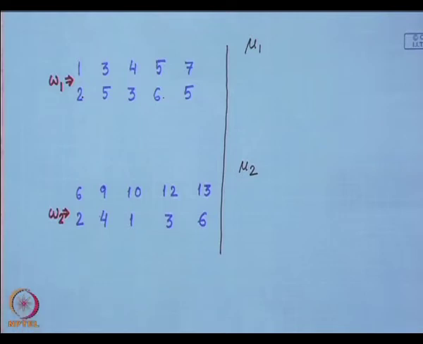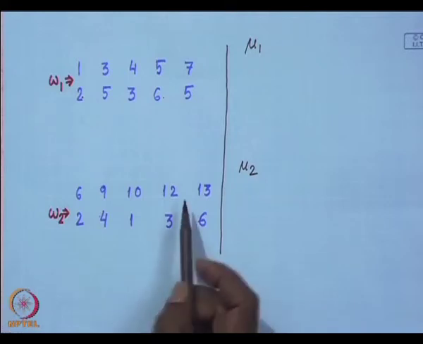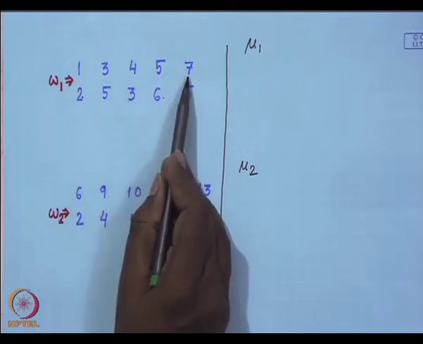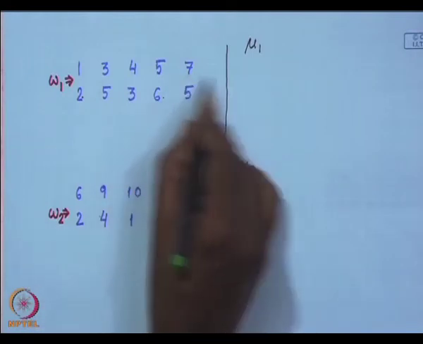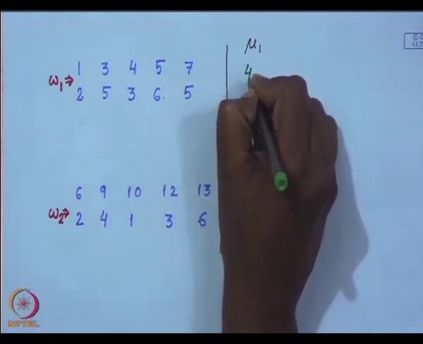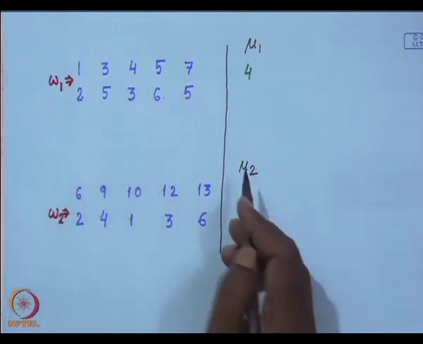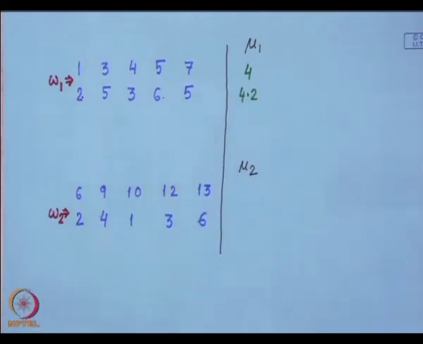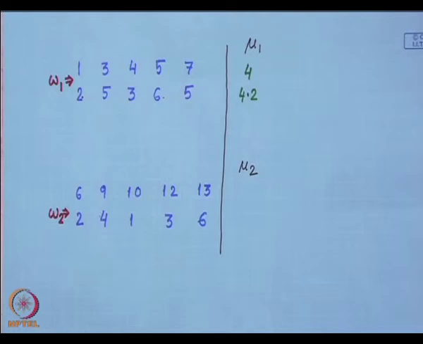If you compute the mean of these feature vectors, which is mu 1, you can easily find that this is 4 plus 4 is 8, 8 plus 5 is 13, plus 7 is 20, 20 divided by 5, as I have 5 different feature vectors. So, the first component of mu 1 will be 4, and similarly the sum of the second components divided by 5 will simply be 4.2. So, mu 1, the mean of the feature vectors belonging to class omega 1, is (4, 4.2).